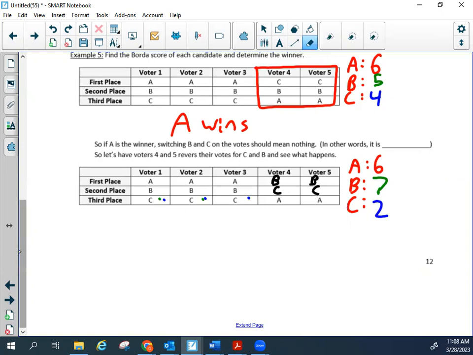So when I think of this problem, originally, A was my winner. But if I took 2 votes that seemingly didn't matter and changed up the order, it actually changed the winner.